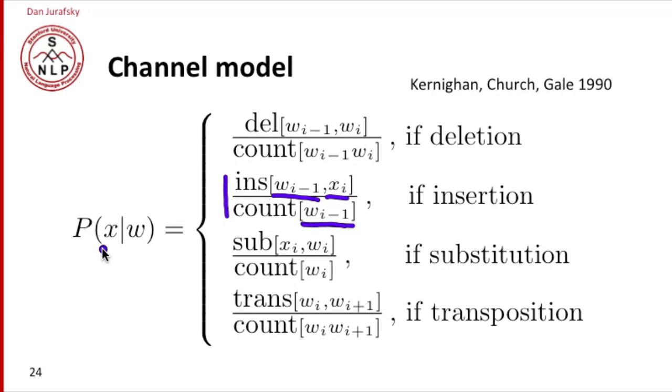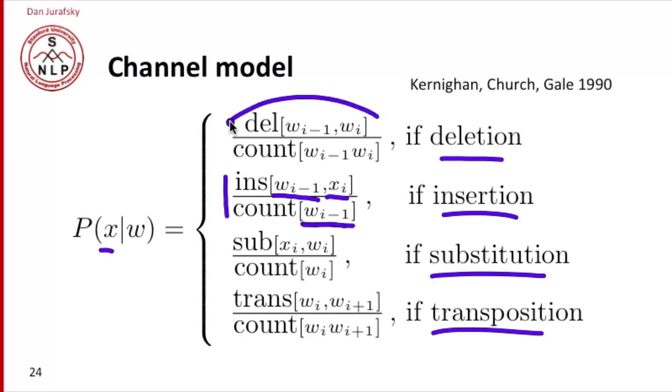So we can generate our probability of our surface form for each possible single edit error. Again, we're assuming a single edit now, so only one of these happens to generate our candidate. Whichever one it is, we compute our probability by just normalizing the count of the deletion or insertion or substitution or transposition by the appropriate count and generate a probability.